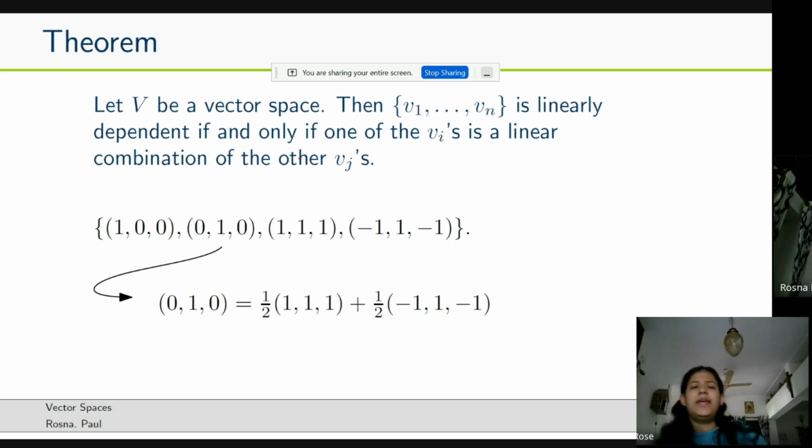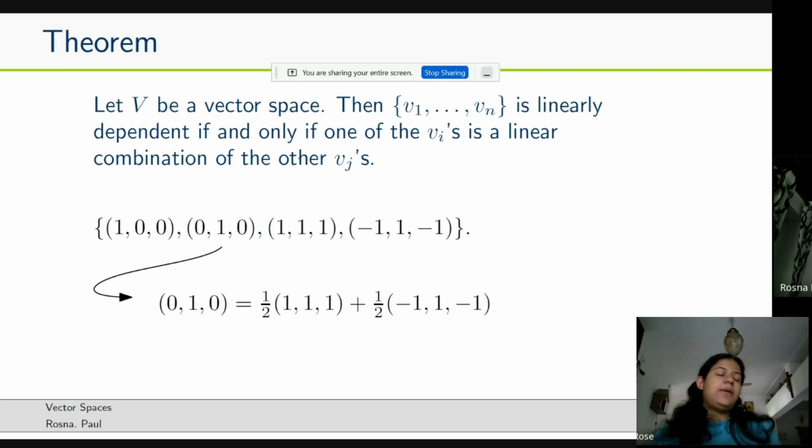So the next question that might arise from here is: we have said that if you have a linearly dependent collection, then one of them can be written as a linear combination of the others. So can we choose them arbitrarily? From a given collection, I know that this collection is linearly dependent.